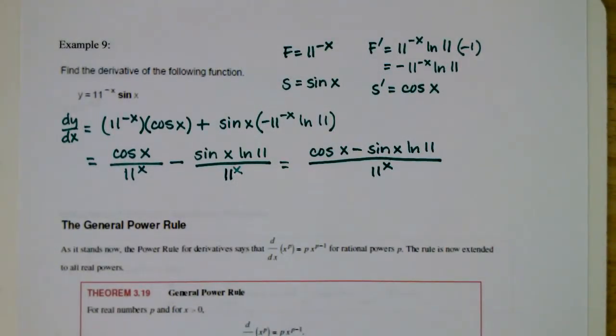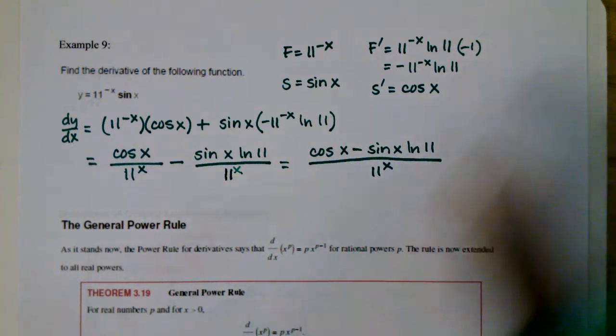And that would be as far as I can go with that problem. So that's the derivative of y equals 11 to the negative x times the sine of x: cosine of x minus sine of x, ln of 11, all divided by 11 to the x power. Okay.